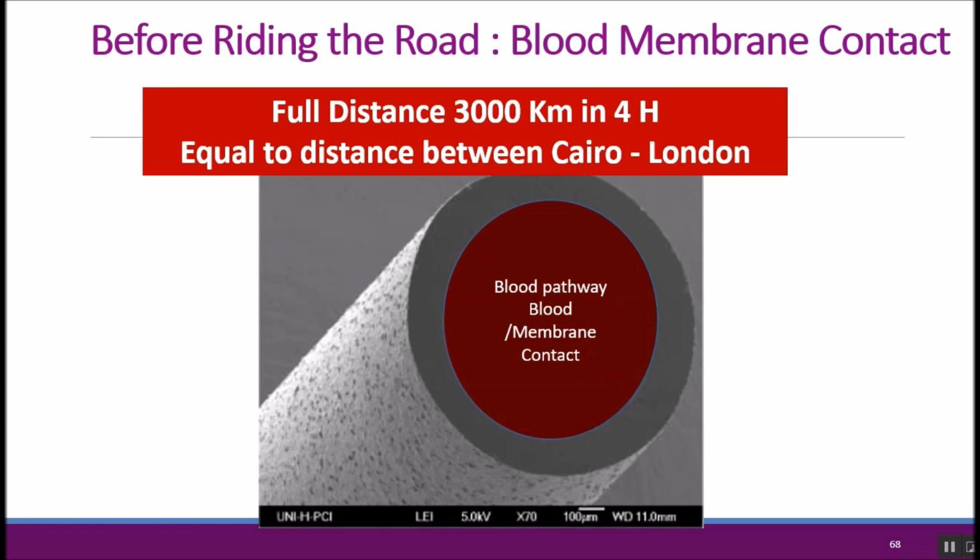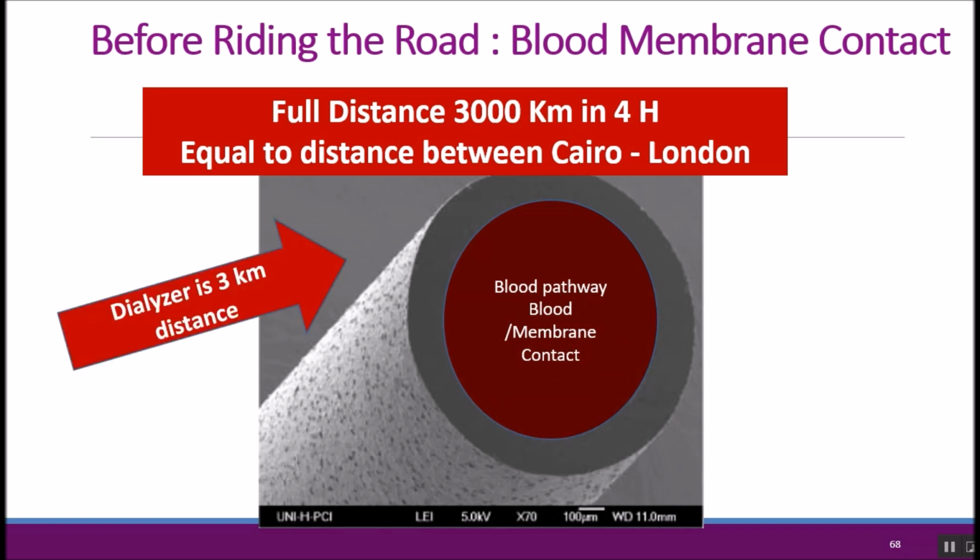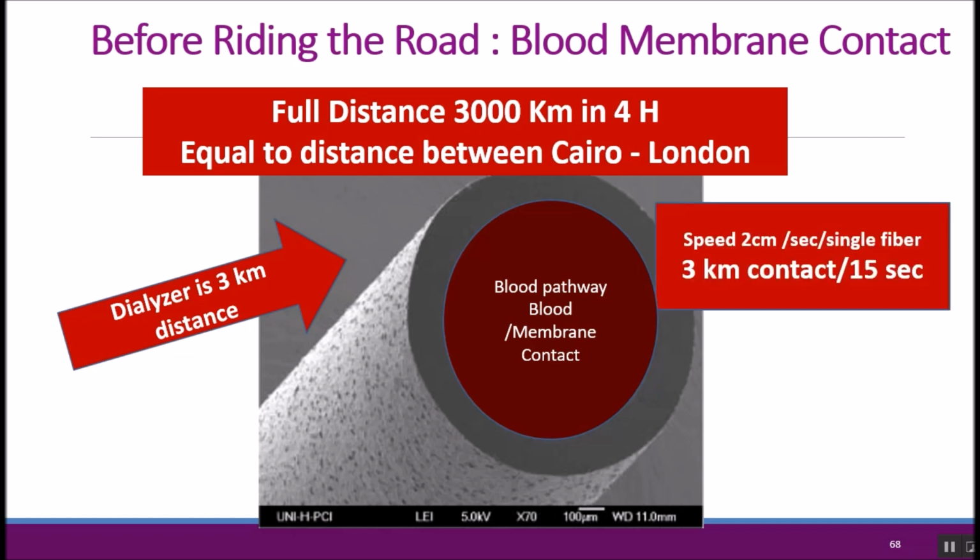Let me explain that. This is a blood pathway. In the dialyzer, if we put the fibers together in the same line, it is a 3 kilometer distance, and the blood flowing at a Qb of 300 milliliters per minute passes the dialyzer in only 15 seconds.